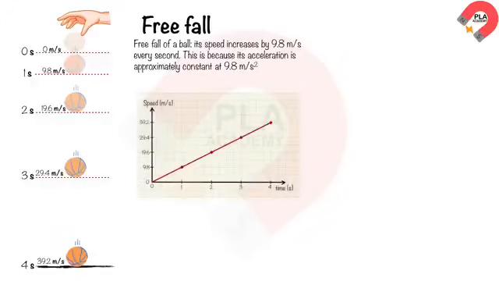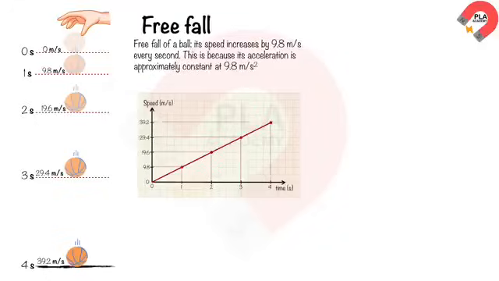The speed time graph of a free fall. The speed of a ball increases 9.8 meters per second every second. Therefore, we plot the graph with the following points. Time 1 second, speed is 9.8. Time 2 seconds, speed is 19.6. Time 3 seconds, speed is 29.4.